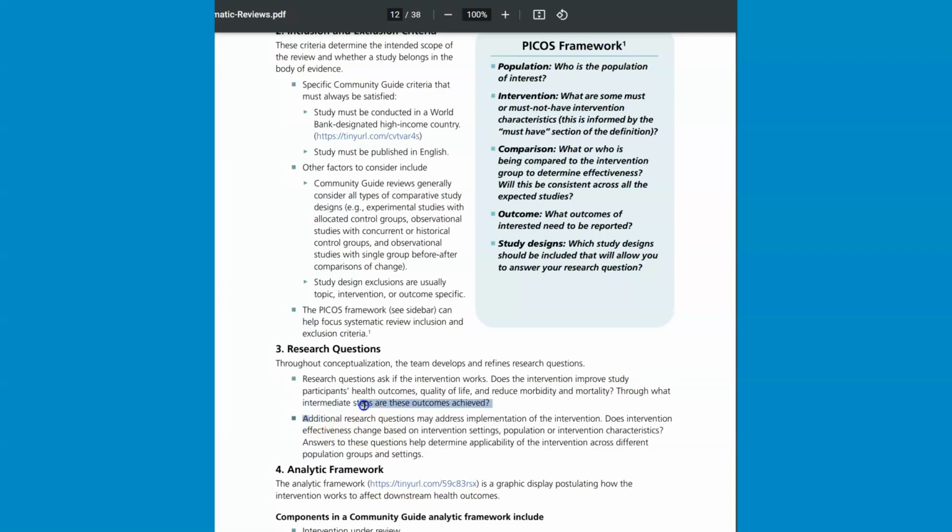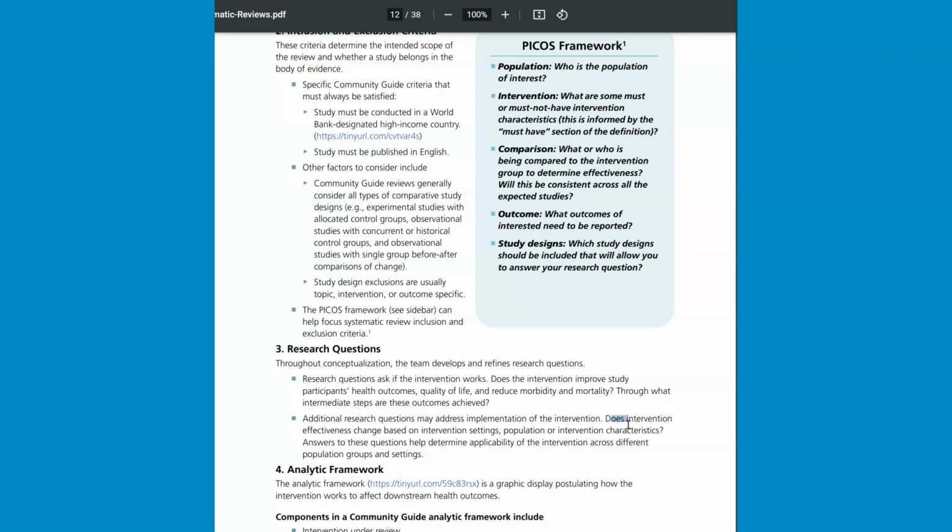Additional research questions may address implementation of the intervention. Does intervention effectiveness change based on intervention settings or the population or intervention characteristics? So maybe it worked in an urban center in Chicago, but when you change that around and see if there's the same sort of efficacy in an urban center in Pittsburgh, then that might not be the case.